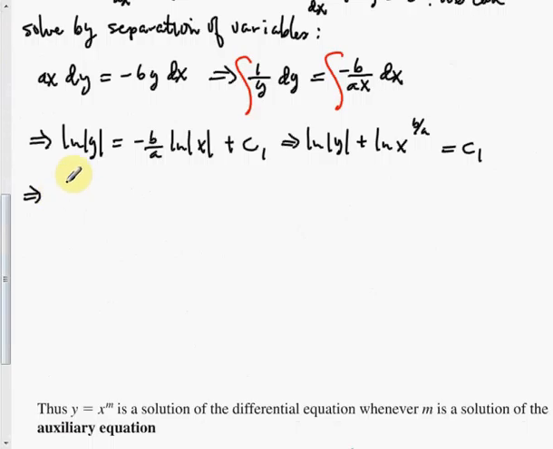Well, this implies that we have the natural log of y times x, where x is raised to the b over a, is equal to c sub 1.